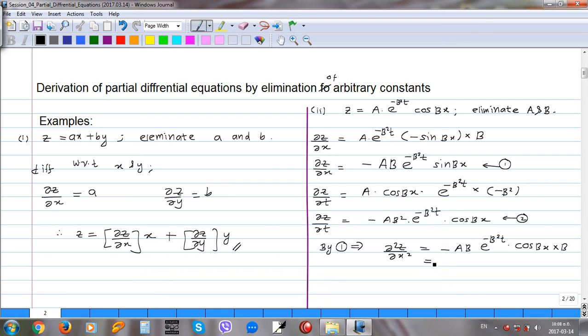So this is minus a b squared e to the power minus b squared t cos bx. This is the third equation.